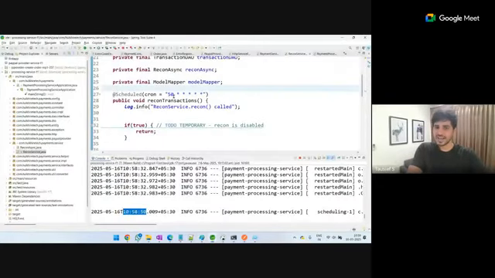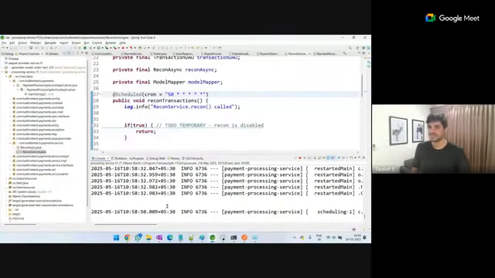That means every minute at the 50th second, this code will execute. If we wait a few more seconds, here it will be 59 minutes 50 seconds. So you can define at what precise second the method should be executed as well. Okay? So let's wait for a few seconds here.